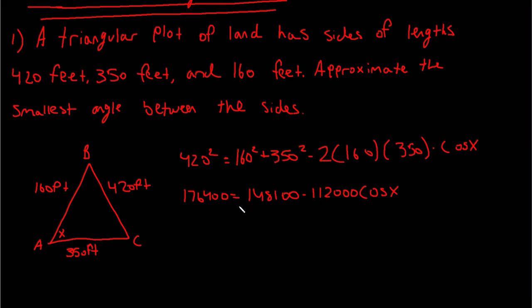So we're going to subtract 148,100 from both sides in order to simplify this equation more thoroughly. Those two together are going to be equal to 28,300, which is equal to negative 112,000 times the cosine of x.